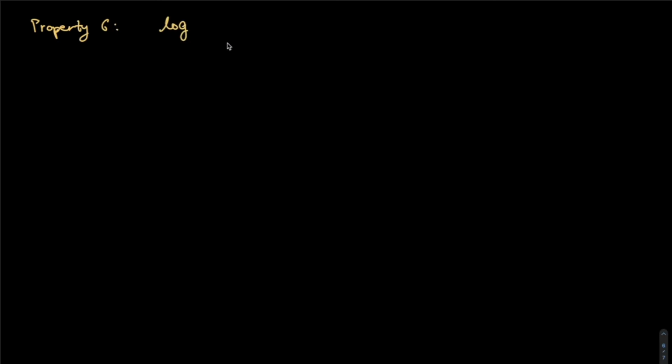Log base a raised to the power some variable beta, and value m. So this can be simplified as 1 upon beta times log base a m. Okay, that's what it is.